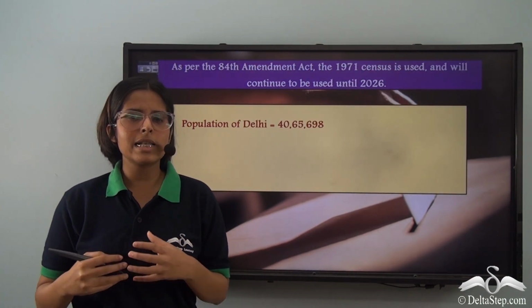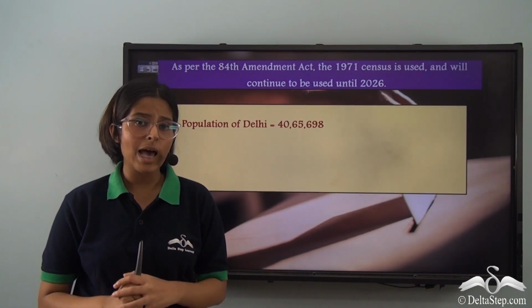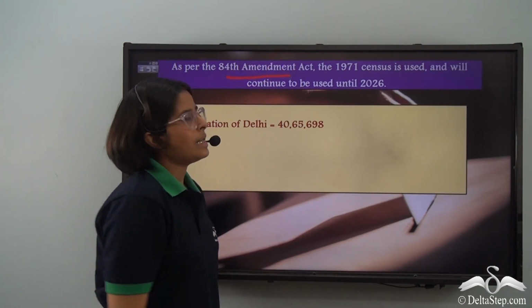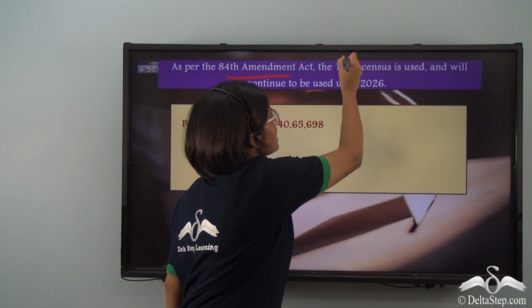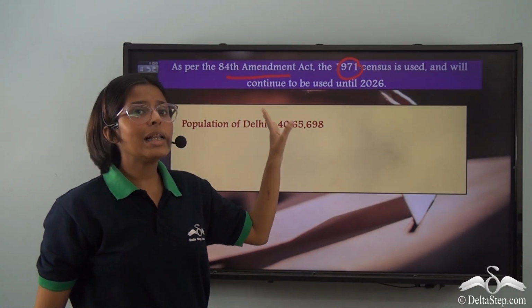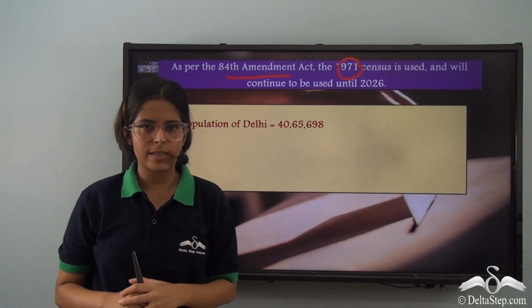Now let us understand this through an example. But before that calculation, we have to remember that as per the 84th Amendment Act, it is the 1971 census which is used, and it will continue to be used until the year 2026.